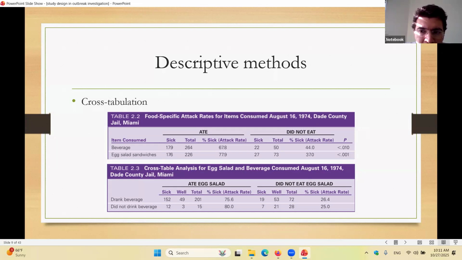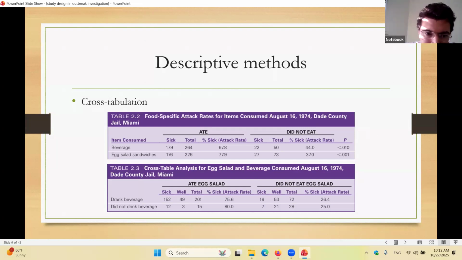This example is from Gordis's epidemiology book. Please refer to the source of this example, the main book, Gordis Epidemiology, in chapter 2, and find why the attack rate is not 0 or close to 0.